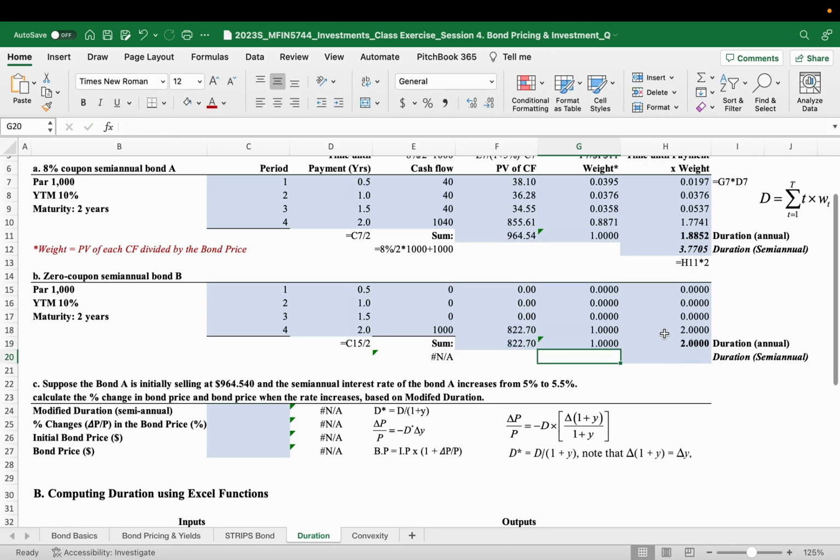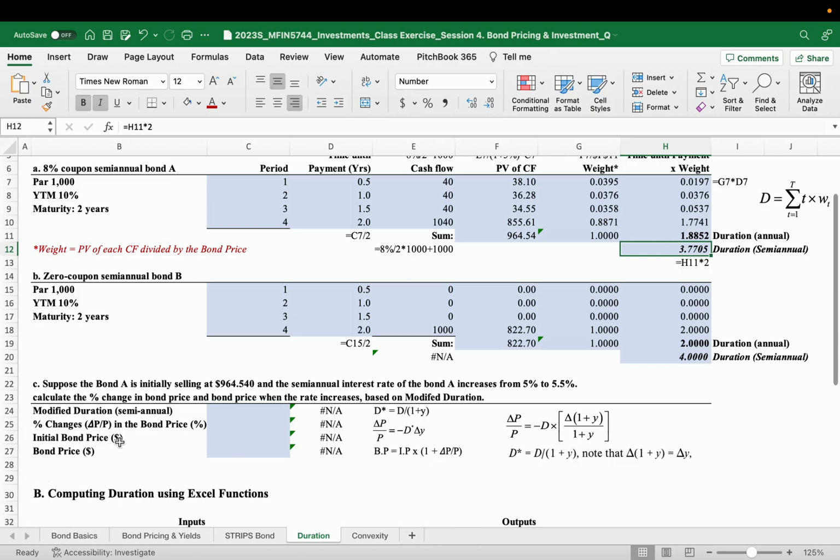Okay, so in this case, duration is the same as maturity, right? So duration semi-annual is now definitely multiplied by 2. So we are going to use this duration to estimate or to measure the price changes, right?